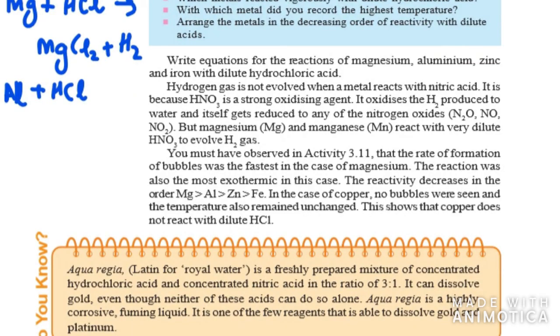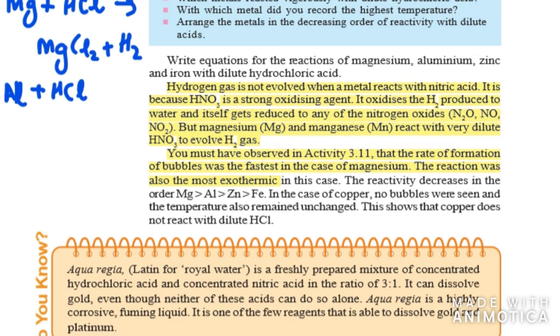As we have reacted with HCl, we can always take any other compound which is an acid. So let us suppose we take HNO3. HNO3 being a strong oxidizing agent, it can oxidize the H2 produced into water. Therefore, we don't get hydrogen gas when we react metals with HNO3.